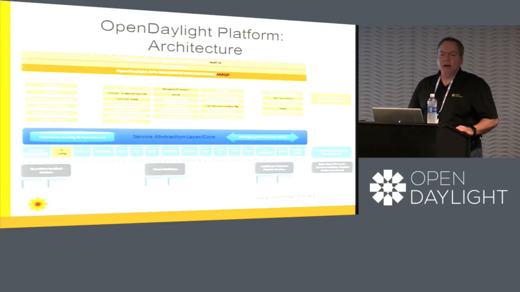The model-driven service abstraction layer has two key components, one being a data store for configuration data as well as operational data, and then basically a simple messaging bus so that the different services and protocols can interact with one another, and then a variety of southbound protocols that ultimately talk to our network elements.